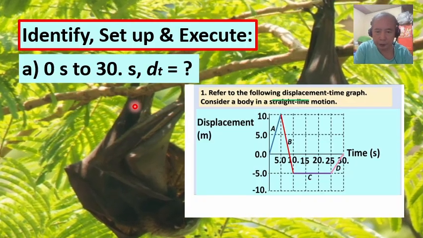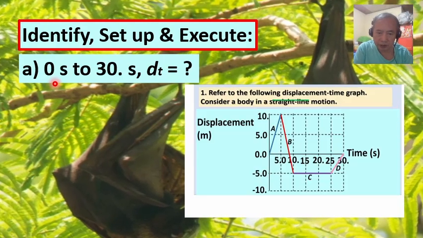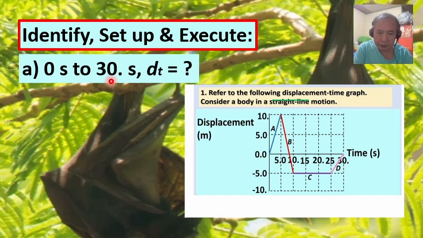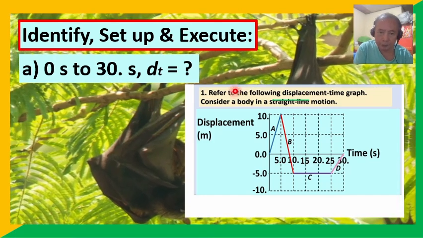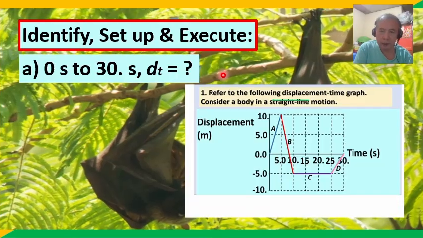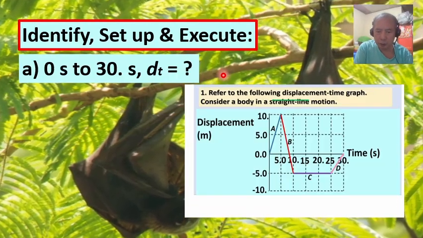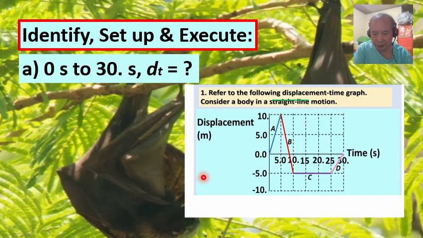We determine the total distance traveled by the body from time equals 0 to time equals 30 seconds. We simply determine the absolute value of the change in the position represented by each graph line.